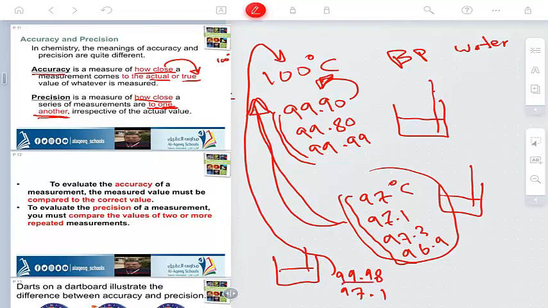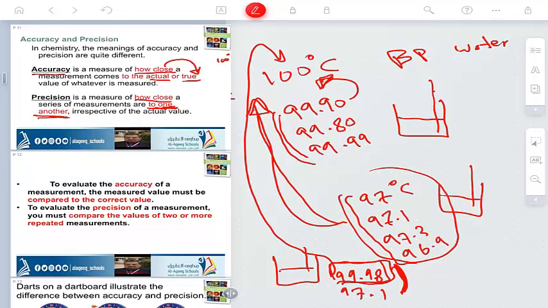It means the first one has accuracy, yes, but both of them do not have precision. Why? Because they are not close to each other, 99 and 97. So they have poor precision. But the first one has good accuracy.